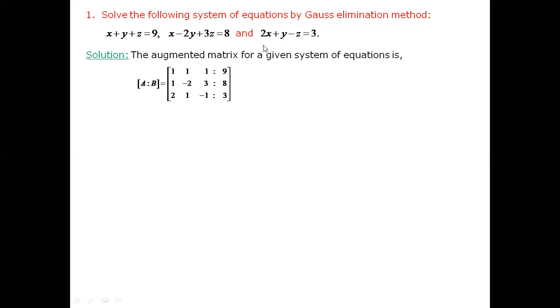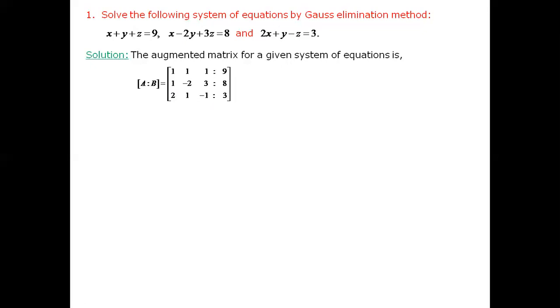The values are 2, 1, -1, colon 3. So this is how we can write the augmented matrix A colon B for a given system of simultaneous equations. This is the first step in solving a problem.